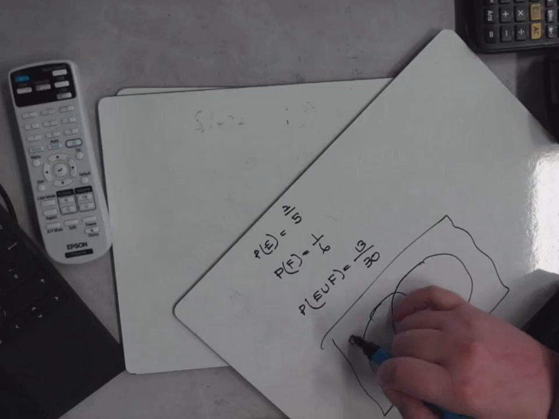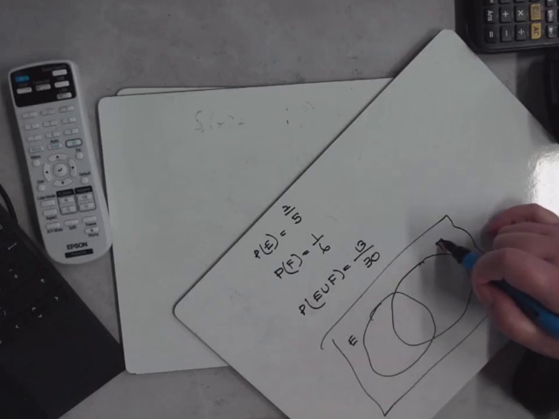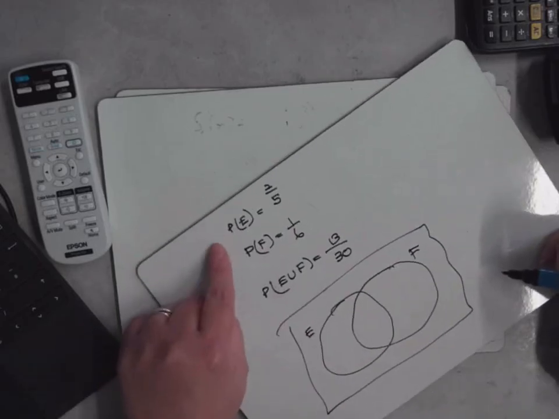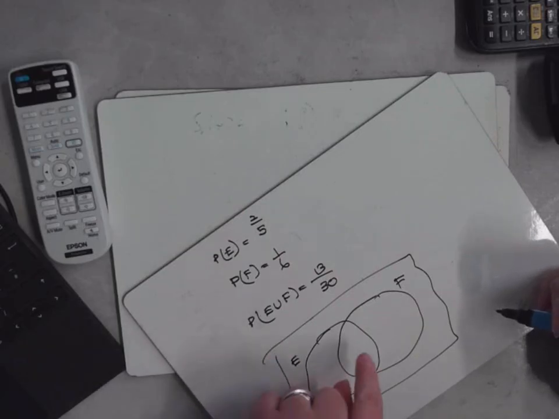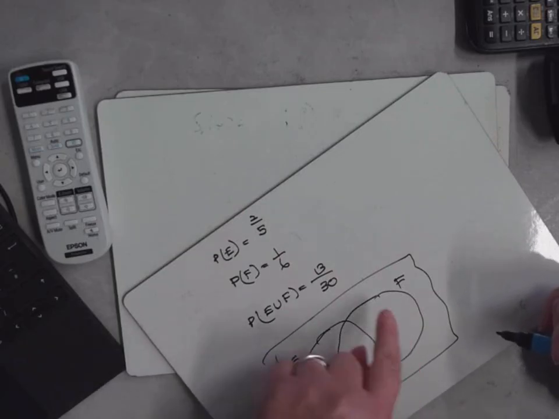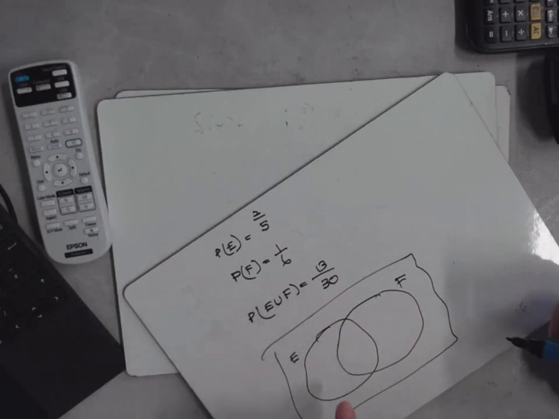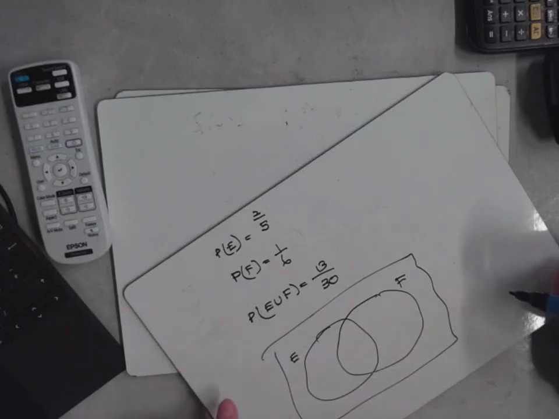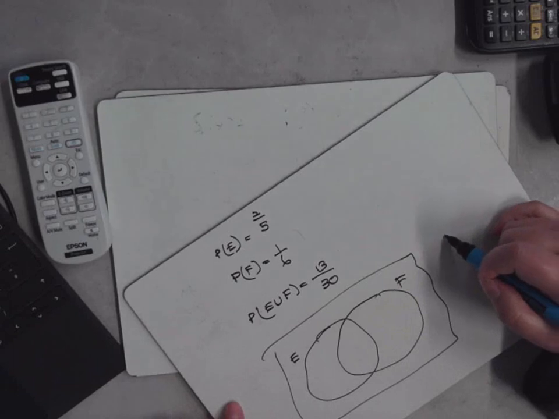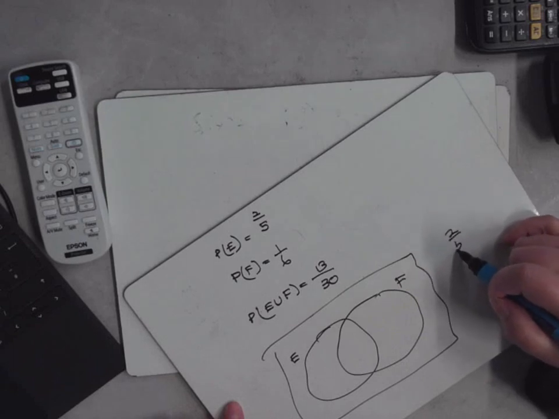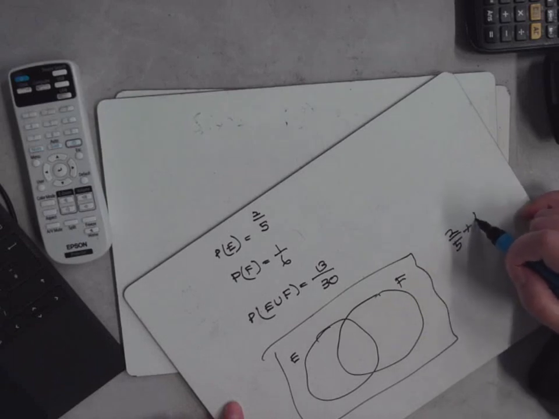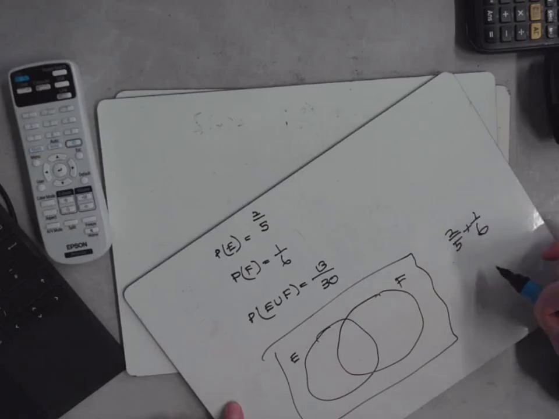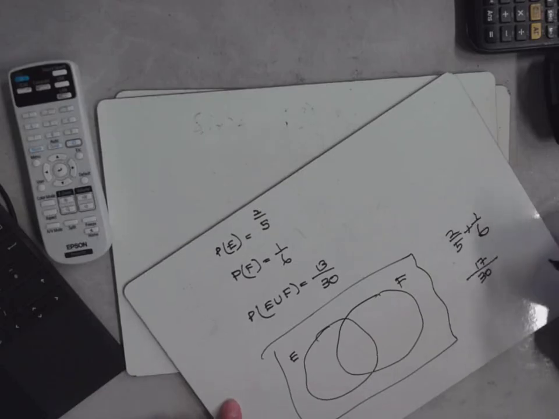Right? Okay, so E, F. So we know those 3 sections add up to 13 over 30, yeah? If we add the 2/5 that we know and 1/6, on the calculator that would be over 30, 12 and 5, 17 over 30, I think.